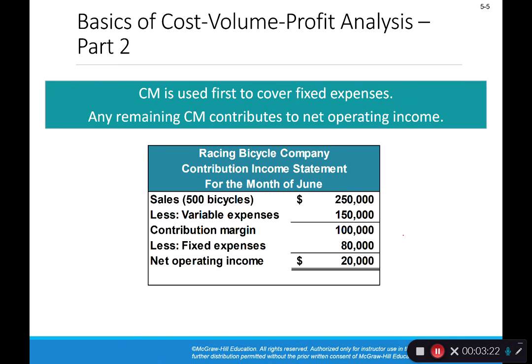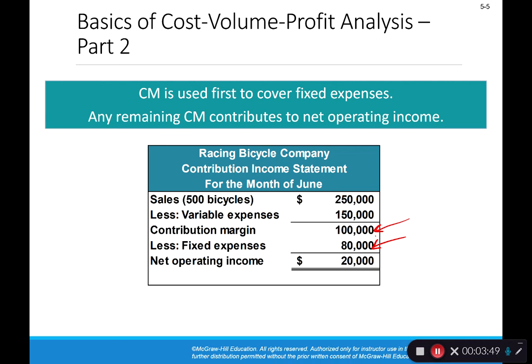Remember that our contribution margin is first used to cover our fixed expenses, and then any remaining contribution margin contributes to income. For example, you could see the contribution margin of the company is $100,000. That covers the $80,000 in fixed cost, and then the remaining $20,000 contributes to income. What that means is effectively whatever happens to our CM is going to happen to our income.